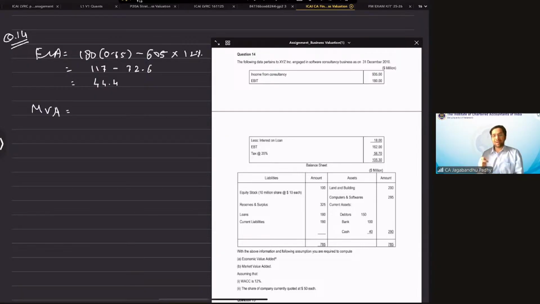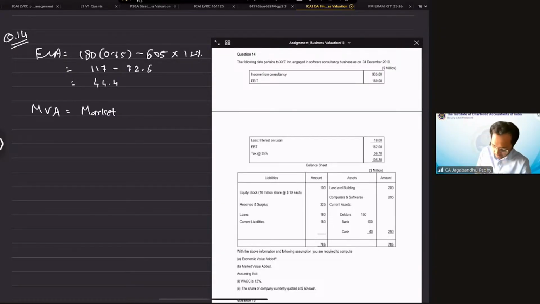MVA, or the market value added, is simply, as the name says, what value addition has been brought in the market value as compared to the book value.